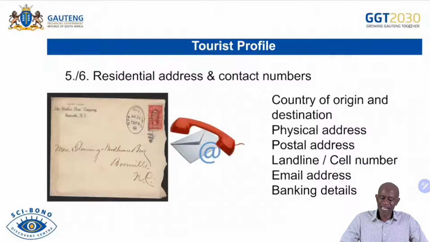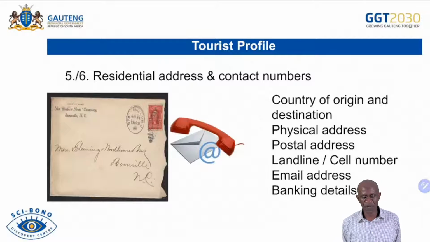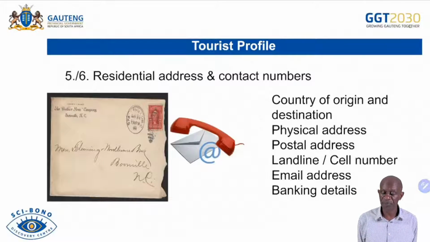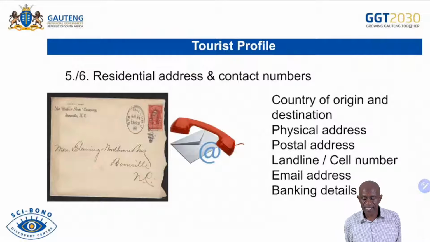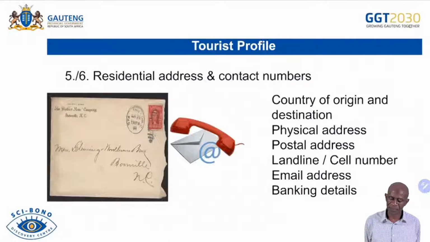So all this personal information enables you to know better the type of tourist you are planning for, or developing a tour plan for. With this kind of information, you are able to plan efficiently for your tourist.